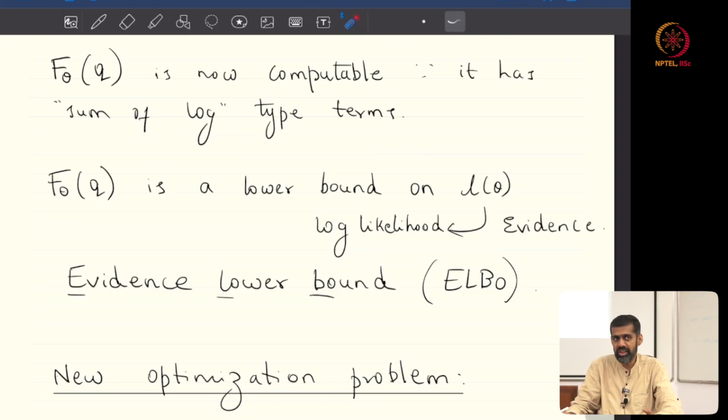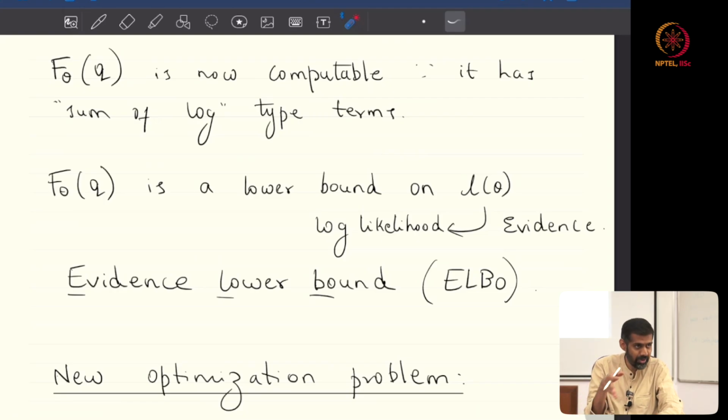So what we do is construct a lower bound by introducing another variable onto the system, and we optimize the lower bound. This is called ELBo optimization. Can we come up with an algorithm that would guarantee something about optimizing the original function?